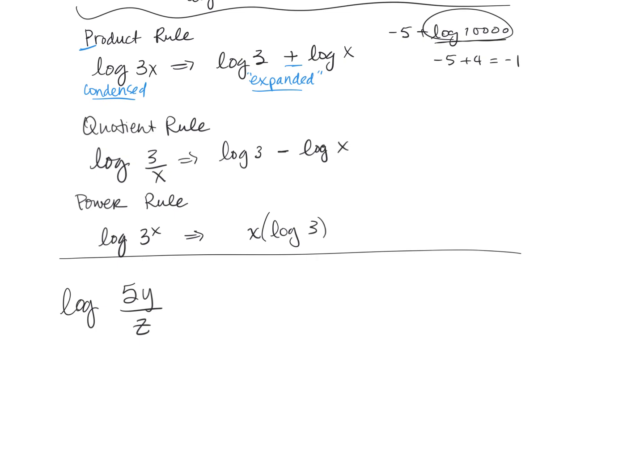What could you start with? Okay, so what would that look like? Is there anything else I can do to expand? Log of 5 plus the log of y minus the log of z. So this part expands out even more. You see it?